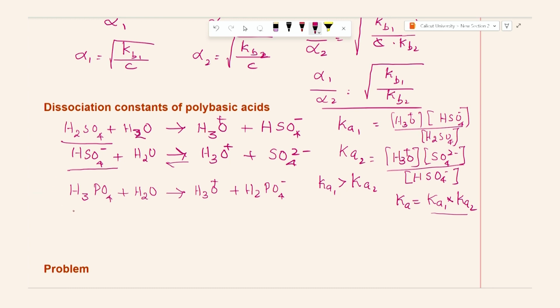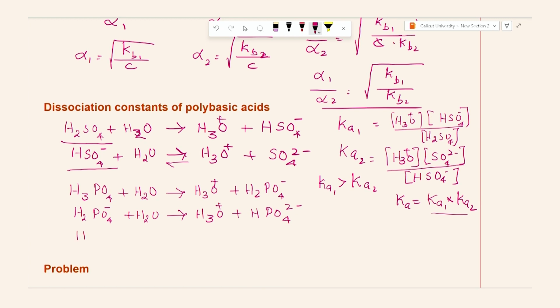Next case, it will be H2PO4 minus plus water giving H3O plus, one more hydrogen is lost. So, that will be HPO4, already it has one minus sign over here, so it becomes 2 minus.